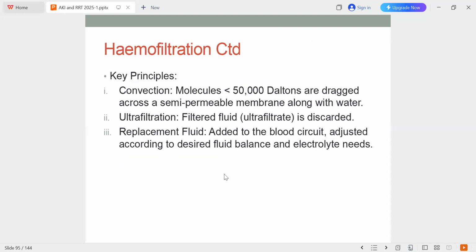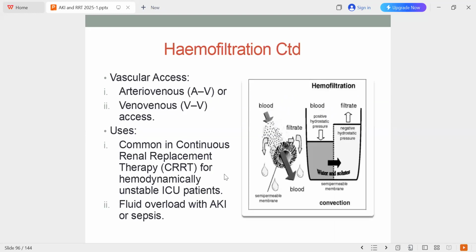All right, the key principle of hemofiltration, like we mentioned, is convection, where molecules less than 50,000 daltons are dragged along with the solvent across the permeable membrane. The end product is the ultrafiltrate, which is later discarded. Replacement fluid is added to the blood circuit, which is adjusted according to the desired fluid balance and electrolyte needs.